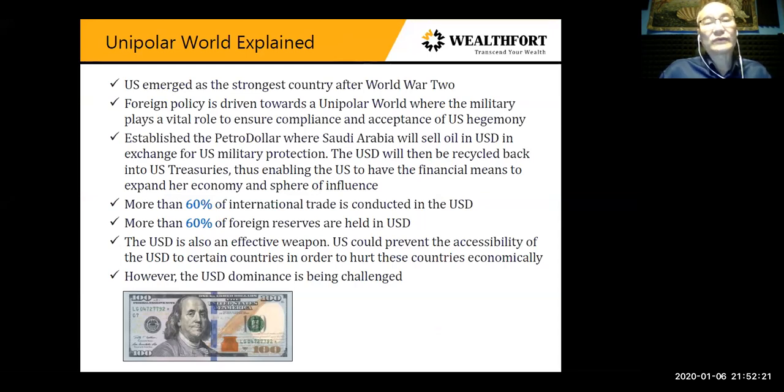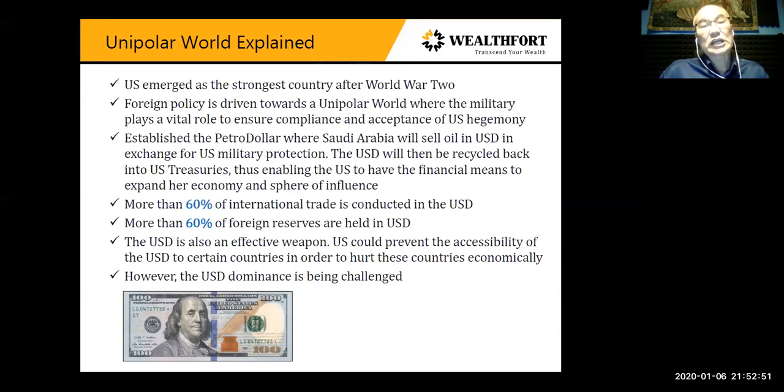That is why when Gaddafi proposed the gold dinar for trade within Africa itself, his country was bombed and he was murdered. And just as Saddam Hussein was proposing that all oil trade in Iraq should be done in the euro, his country was invaded.